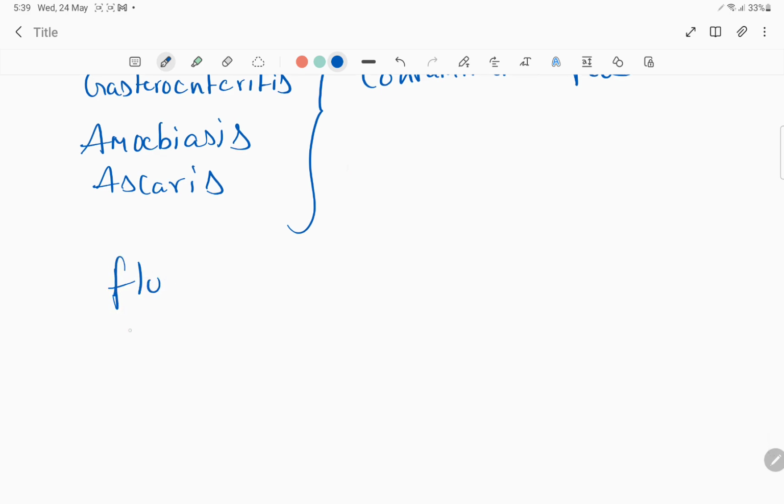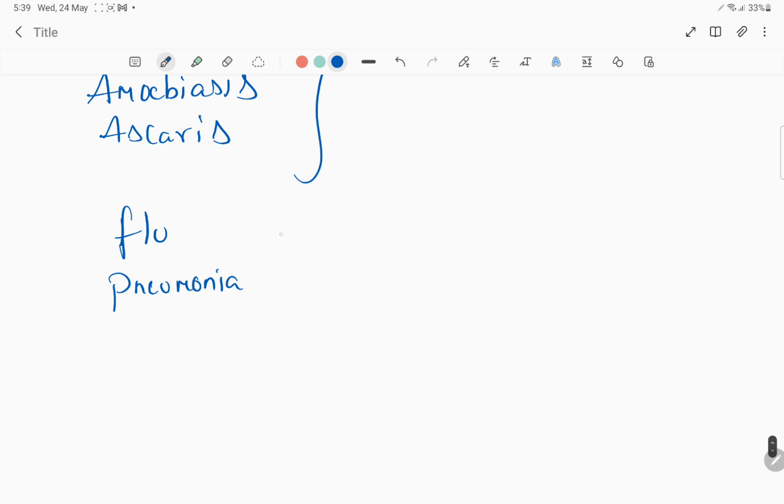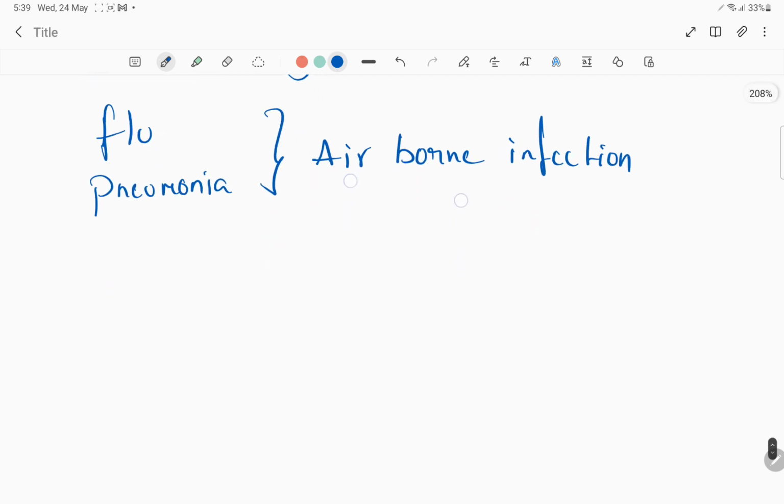Flu and pneumonia are airborne infections, which should be avoided. Malaria, filaria, dengue, and chikungunya are spread by mosquitoes.